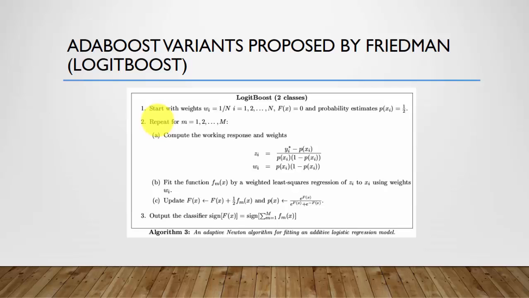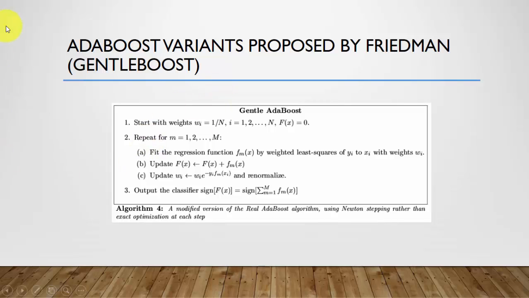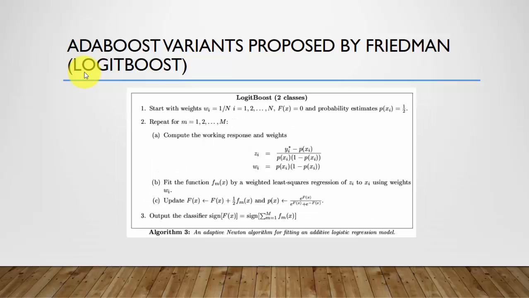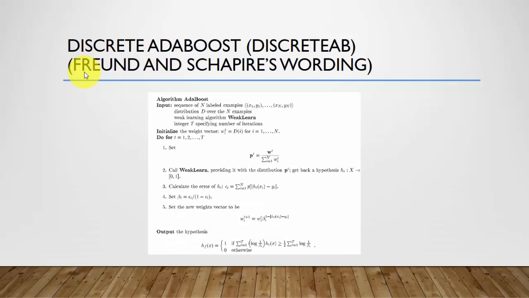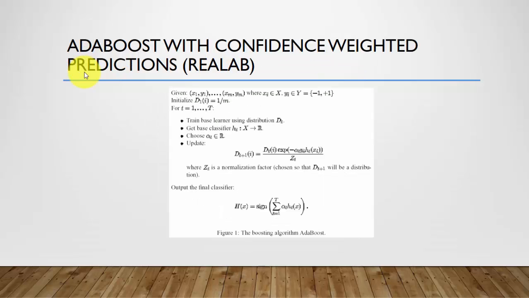This is the equation, and it implies the Newton-Raphson approximation. You can also check many kinds of Adaboost, like LogitBoost, GentleBoost, and FriedmanBoost.